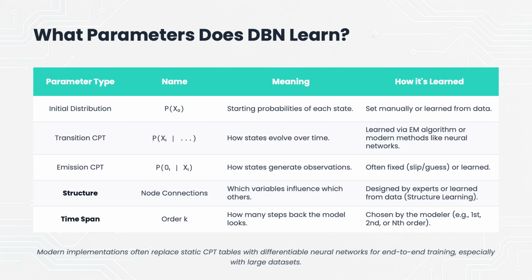Beyond the numbers, we also have structural parameters, the structure of the network, and the time span, or order. Traditionally, these parameters are learned using algorithms like expectation maximization, EM. But in the modern era, we often replace these fixed tables with flexible neural networks.